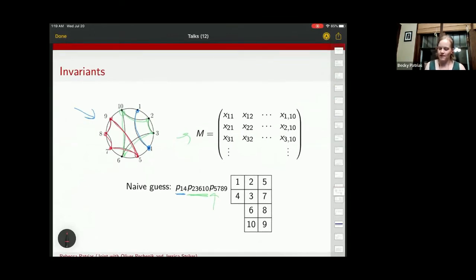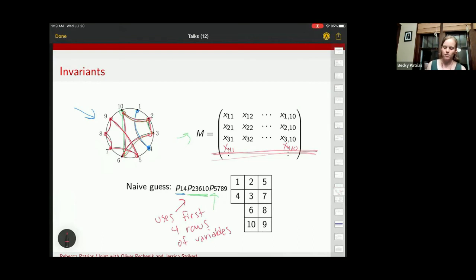But first, let's notice in my polynomial that I currently have, I'm only using the first 4 rows of variables. So I can really cut this matrix off at x4, 1, x4, 10. So this only uses the first 4 rows of variables. And again, I have these 2 blocks of size 4 that are crossing.